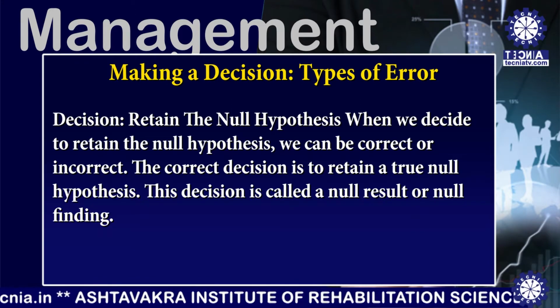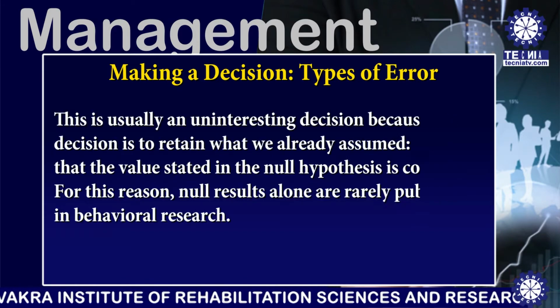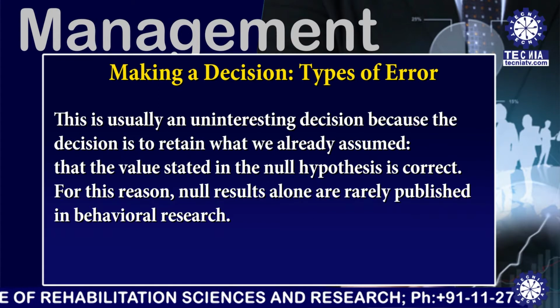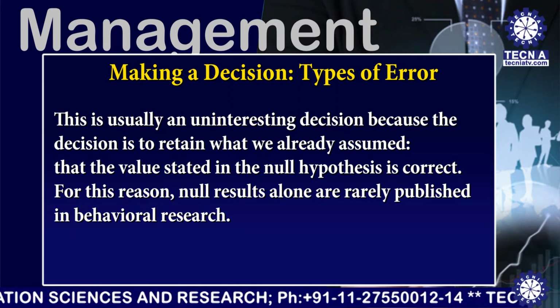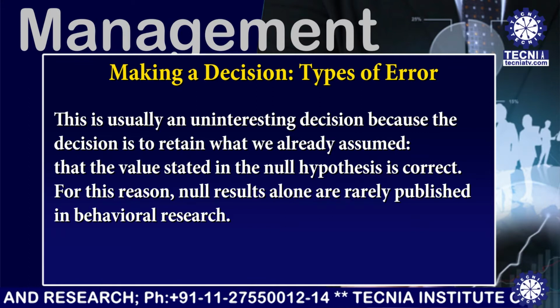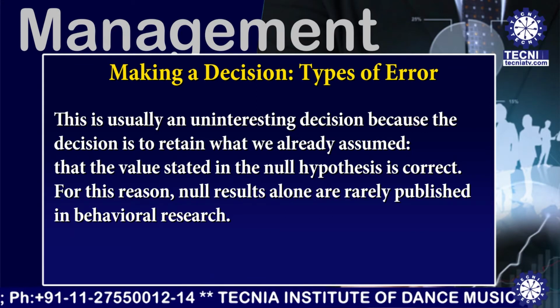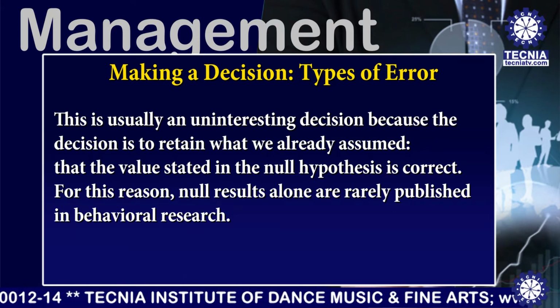This decision is called a null result or null finding. This is usually an uninteresting decision because the decision is to retain what we already assumed, that the value stated in the null hypothesis is correct. For this reason, null results alone are rarely published in behavioral research.